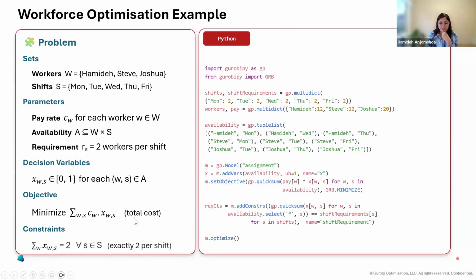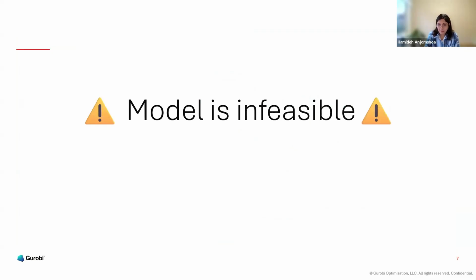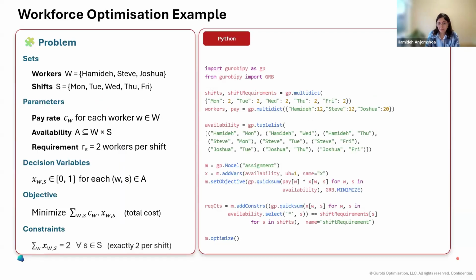What is the minimum cost we have? The right side is an example of this Python API code. Very simple. You introduce your models and input data, who is available, and you build your optimization model here, add your constraints and objectives, and you optimize it. But when you run it, the model is infeasible.